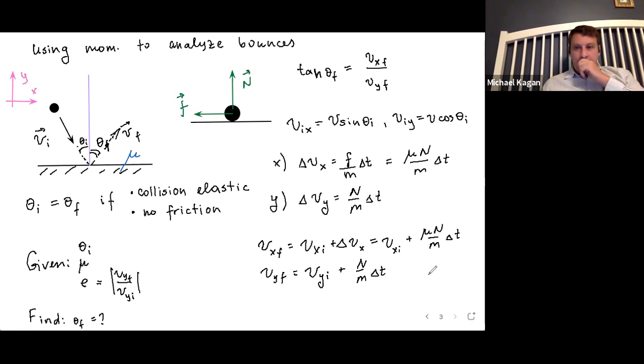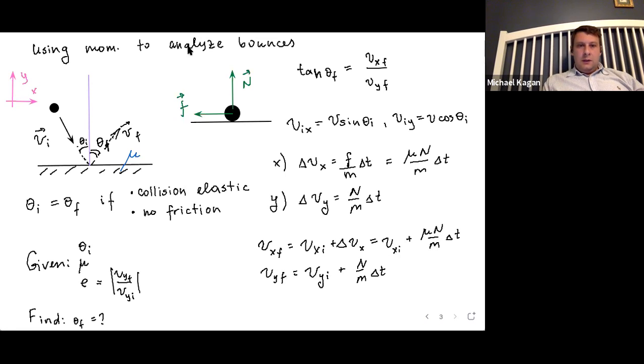And then, of course, you form this ratio, you substitute the initials. In general, of course, it's hard to get the answer. You need to know like the normal force and the time. But if you assume that the collision is elastic for simplicity, then you know that Vy initial and Vy final are opposite to one another. Okay?